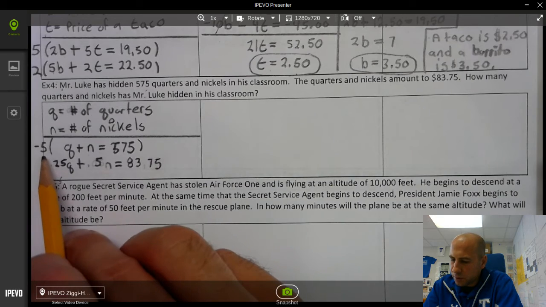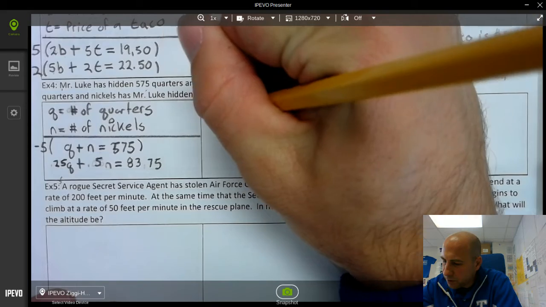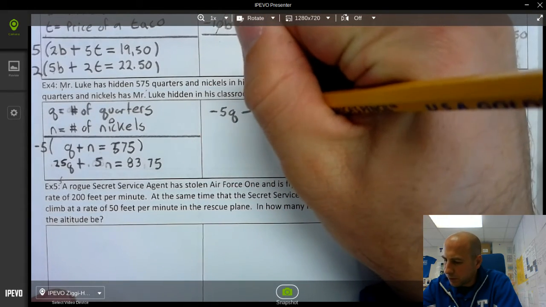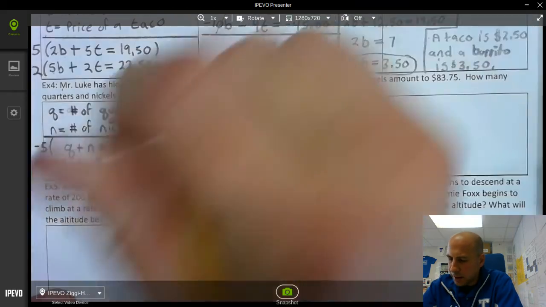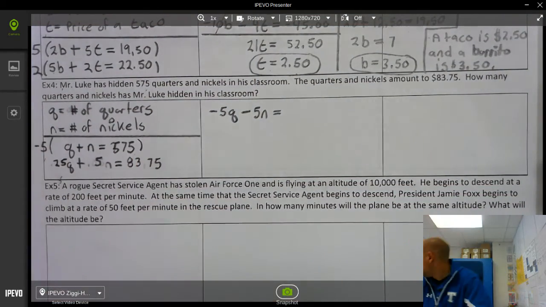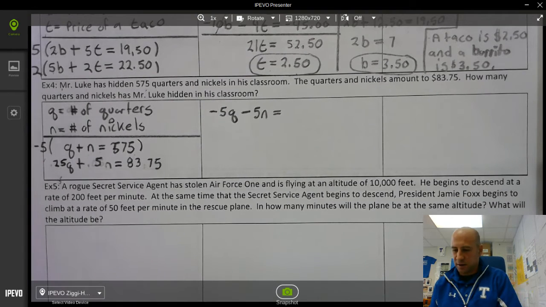So -5 times Q is -5Q minus 5 times N is -5N. And I don't know what -5 times 575 is, so let me grab a calculator and I'll be right back. All right.